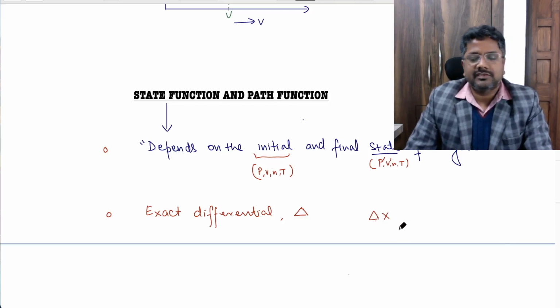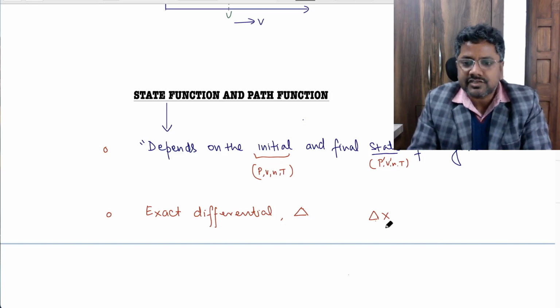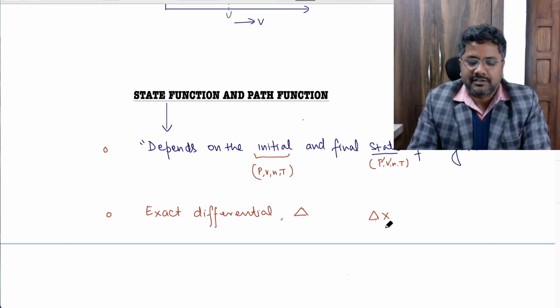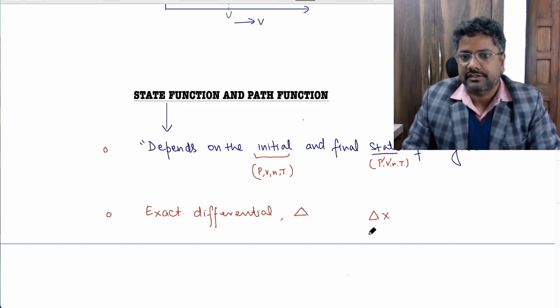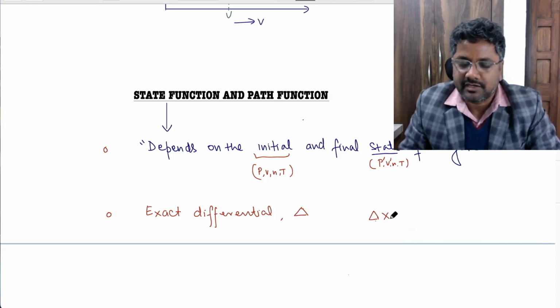I don't know whether people are following this IUPAC convention or not, but I am referring to the latest IUPAC convention, which is given in a book on the molecular approach of thermodynamics. In that book, this convention is taken from the latest recommendation of IUPAC.